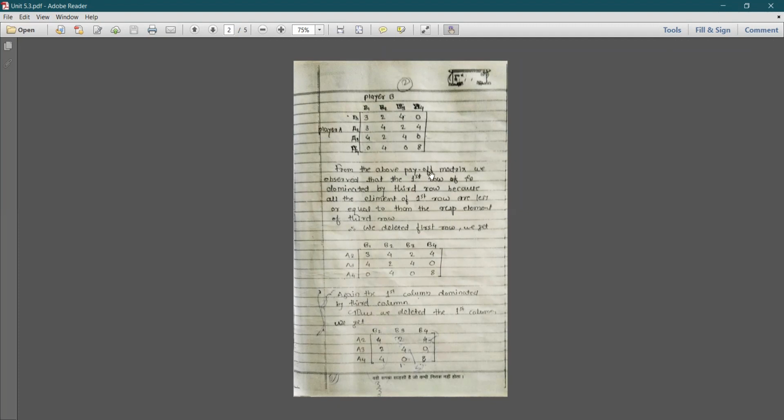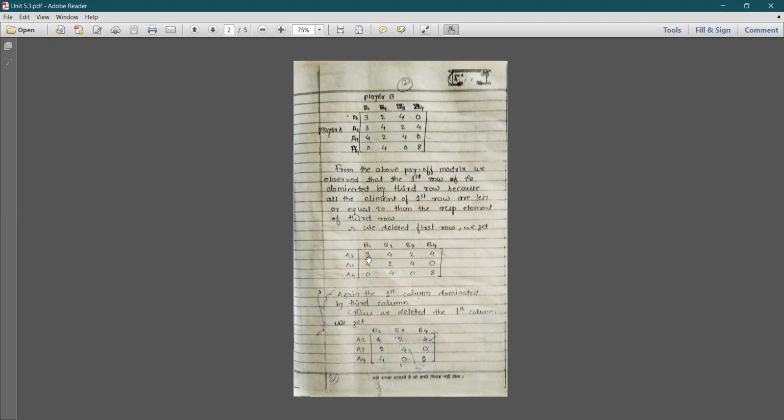Therefore, we observe that first row is dominated by third row because all the elements of first row are less than or equal to the respective elements of third row. Therefore, we delete the first row and we get A2, A3, A4 and B1, B2, B3, B4.